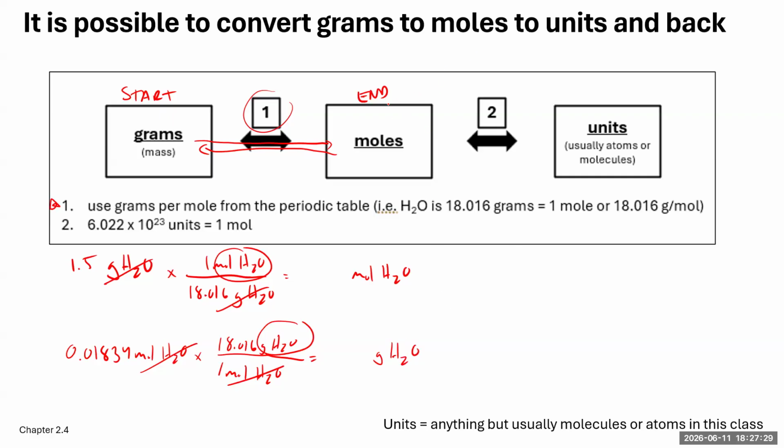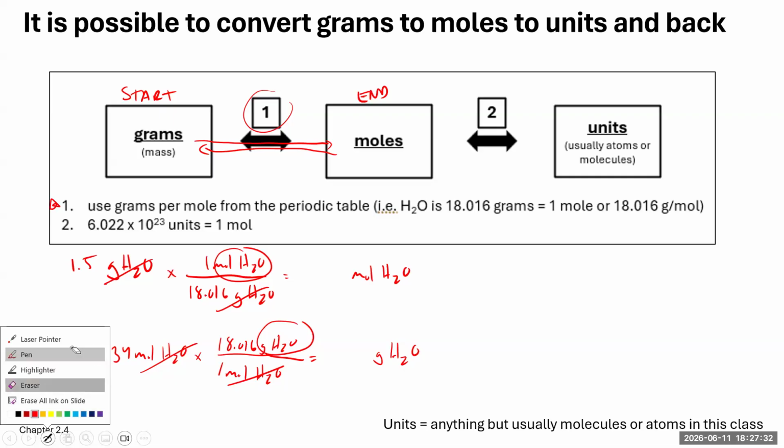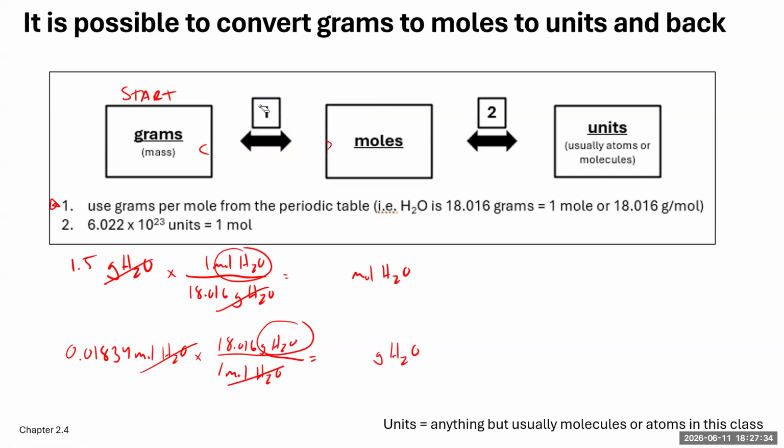Then, let's say you wanted to get more advanced, right? And you wanted to go from grams of something to, let's say, molecules of water. Say we're going to go grams of water to molecules of water. So then you would do what we just did here.